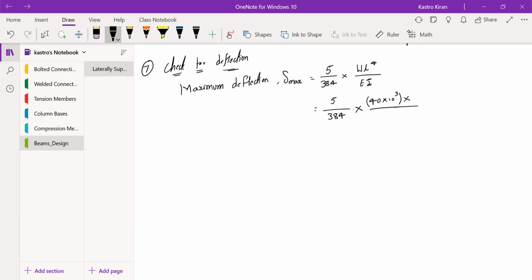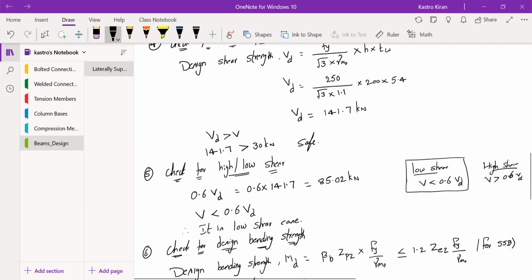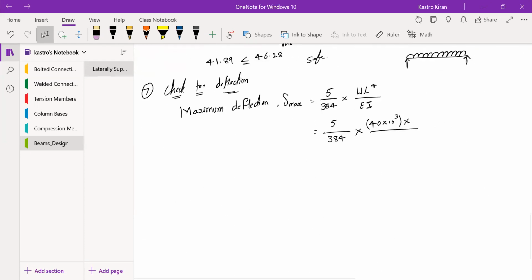So what is this L power 4? It is calculated as the length to the power of 4, right? The length value is 4 meters, I guess. Yeah, it is 4 meters. So 4 into 1000 cube divided by EI, where E is the Young's modulus, which is the fixed value, that is 2 into 10 power 5, and I value is IZZ.